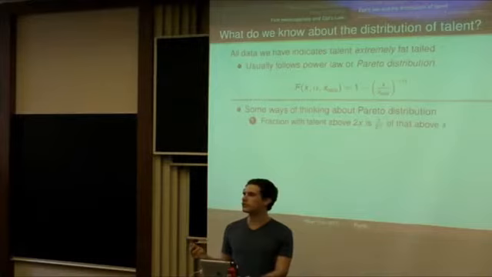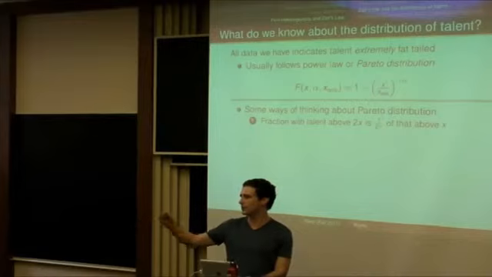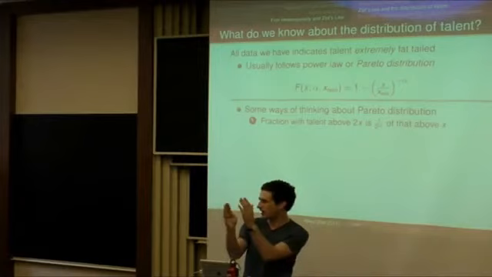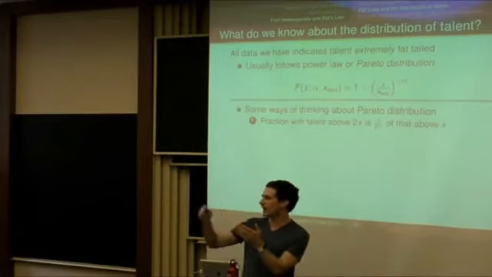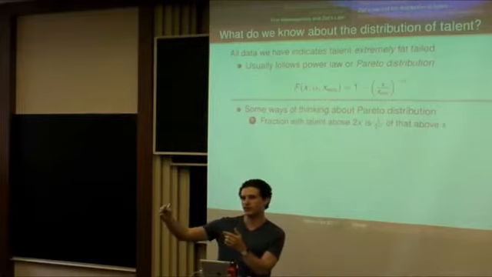So if alpha equals 1, so it's very fat-tailed, there's about half as many people who are at least twice as talented as some level. So you lose about half the people when you double the level of talent.